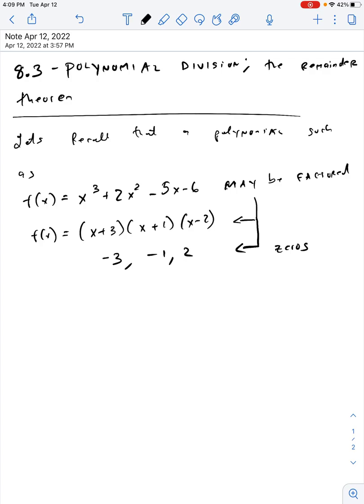All right, so we're going to start off by talking about how division and factoring go hand in hand with each other. So what we're going to do here, we want to think about when we divide a polynomial by another polynomial.